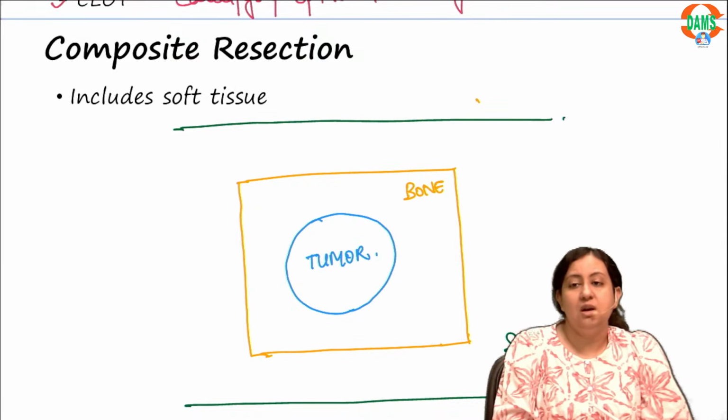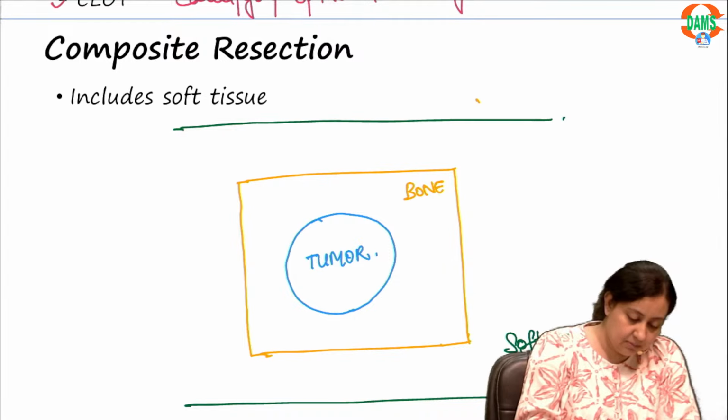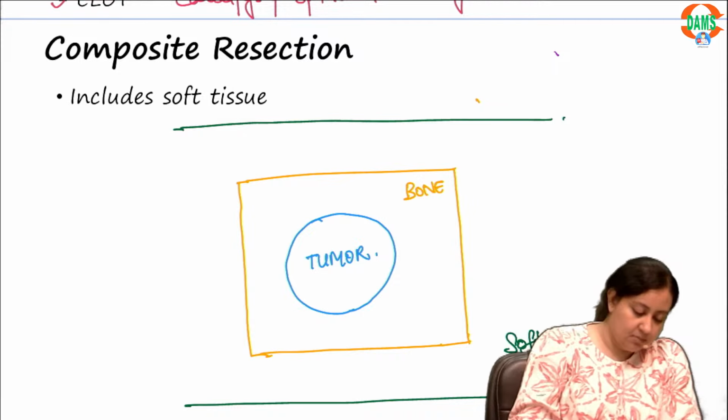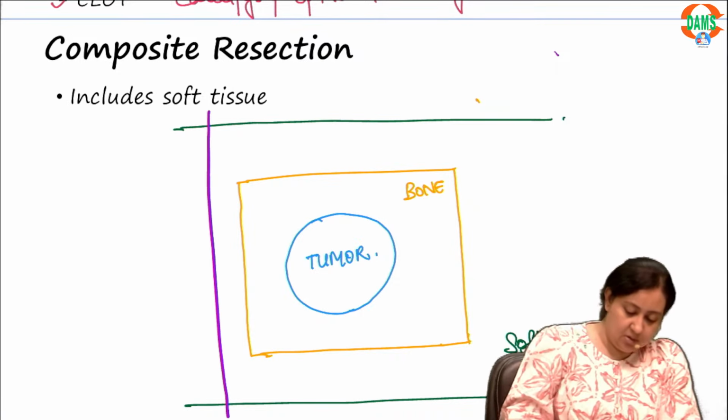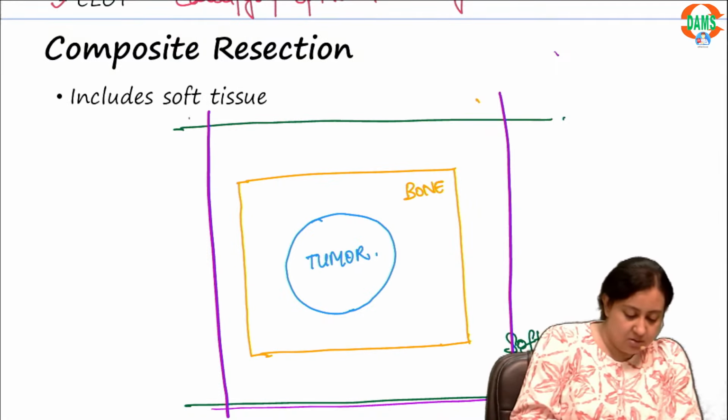This is your surrounding soft tissue. Now what you are doing is, you will include the soft tissue in your resection.